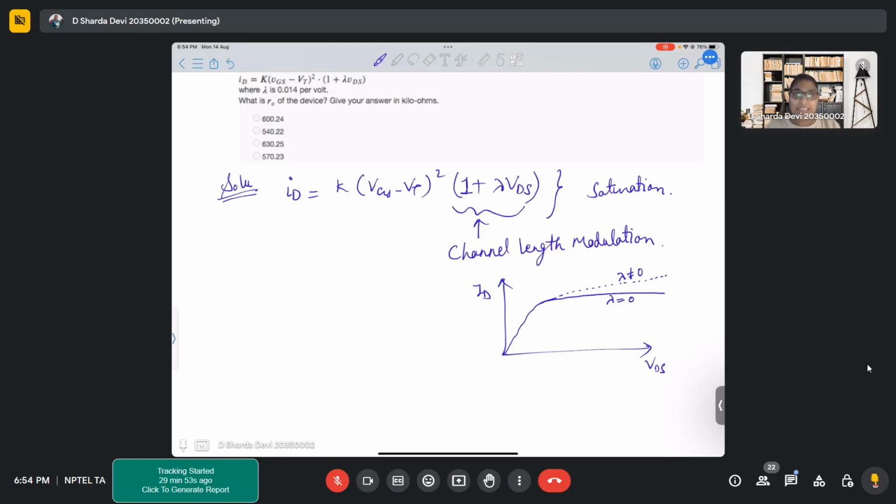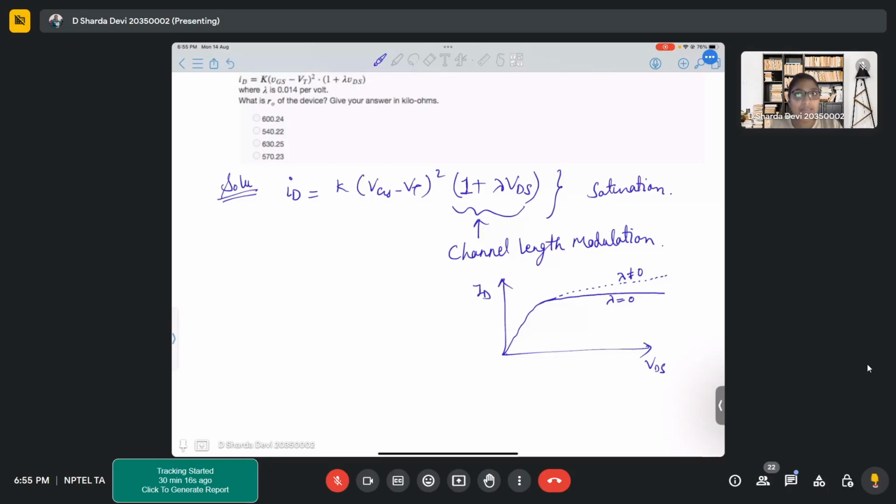Clear? But still your transistor is in saturation. The channel length modulation effect comes into the picture after your transistor is in saturation, so only your saturation current changes with this extra term of 1 plus lambda VDS. Clear?